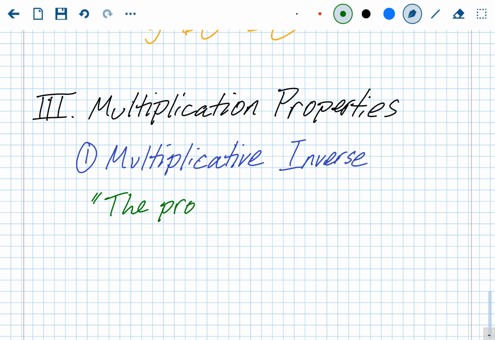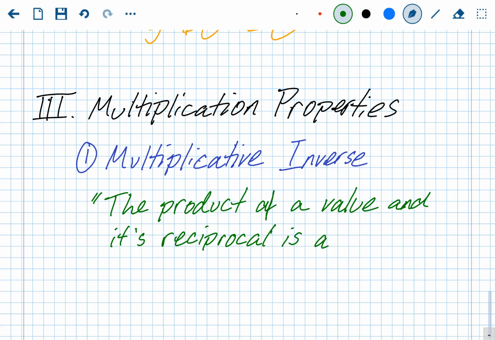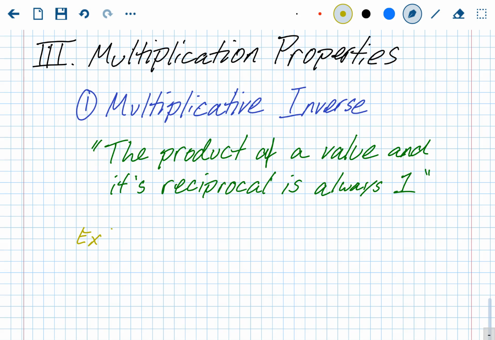The inverse, or the opposite of a multiplication problem, is called the reciprocal. So this property states that the product of a value and its reciprocal is 1. It's always 1. So a number times its reciprocal is 1. Well, what's the reciprocal? It's kind of the flipped version of that number.